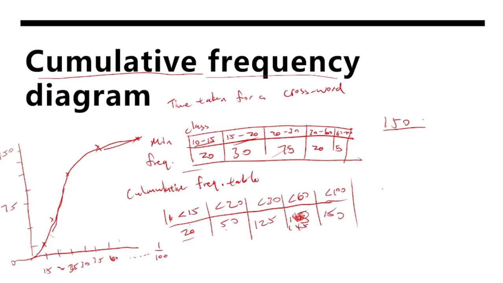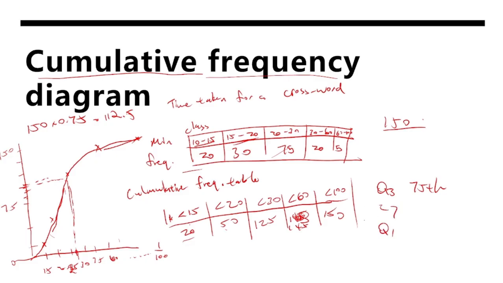Given the graph, we already have the graph. How can we find quartiles? Q3, we know that it's the 75th percentile. So we do 150 times 0.75. We get a number, and we use that number. We find it on the y-axis, mark it, and find the corresponding x value, which is about, this is 25, so let's say 27.